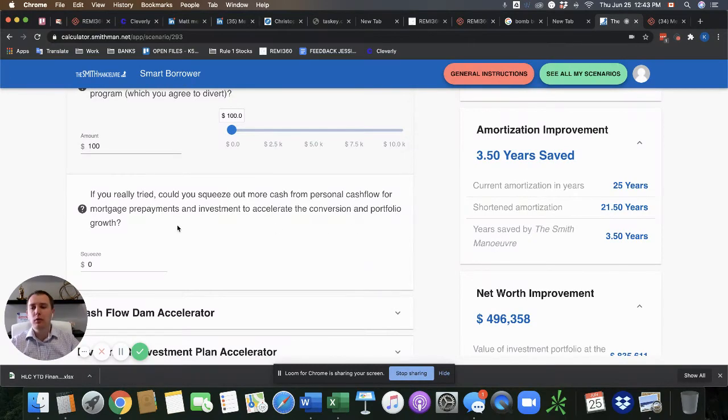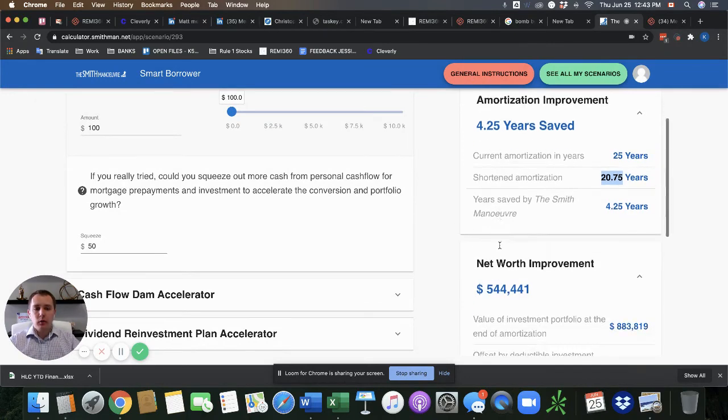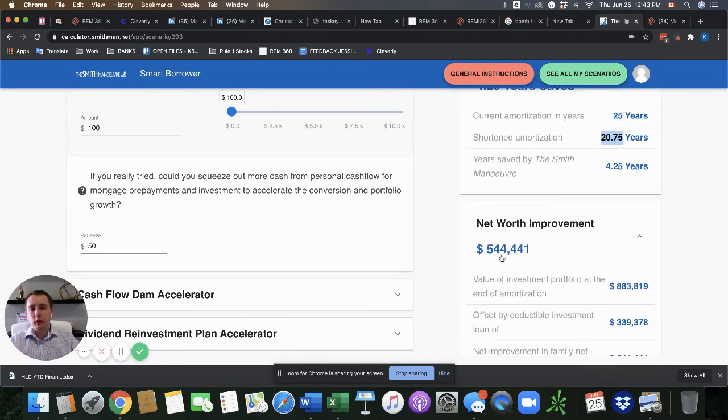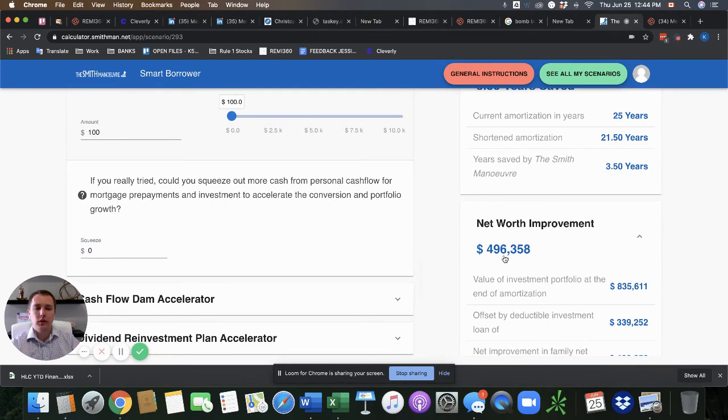You'll probably be able to squeeze a little extra cash flow from your personal budget, and I just use a $50 example here. By doing this, you shave off from 25 down to 20 years. With that, you'll become about $544,000 richer. So this extra $50 a month will generate about $50,000 in extra profit for you.